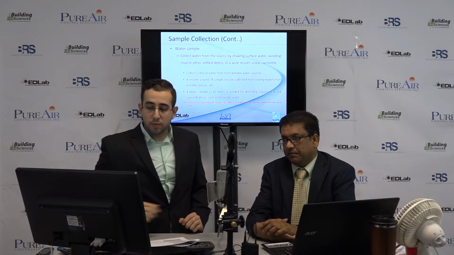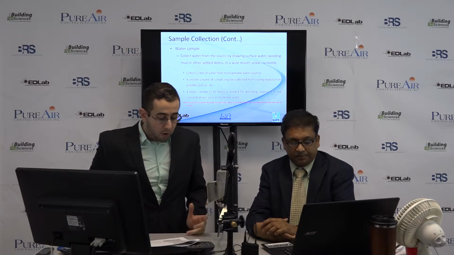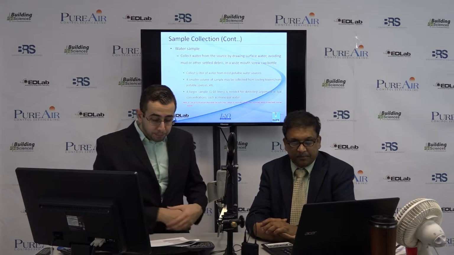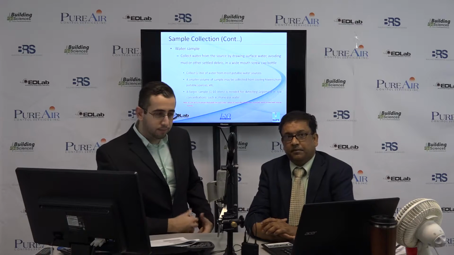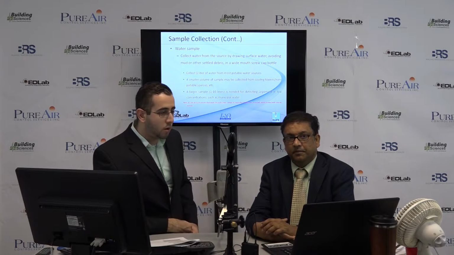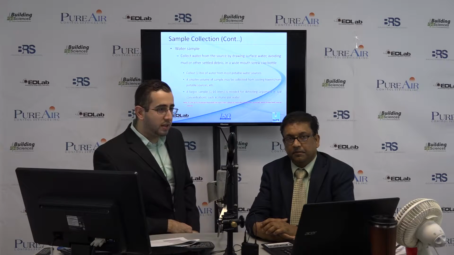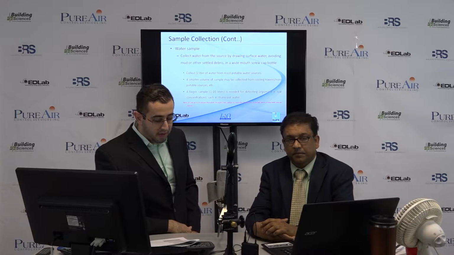A smaller volume of sample may be collected from cooling towers or non-potable sources. That can be more helpful if, say, somebody has over 100 samples they want tested, or if Legionella is suspected to be in higher quantities within that source.